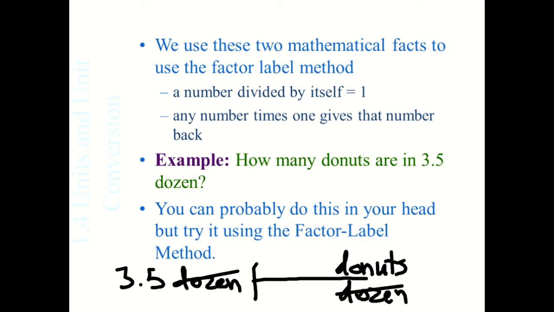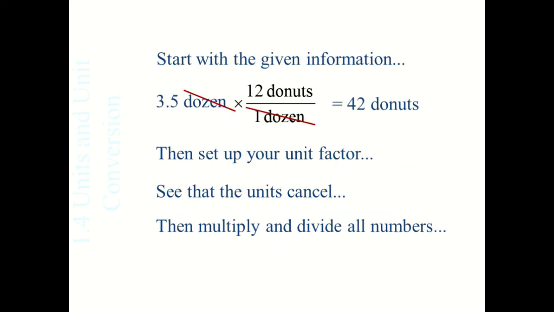You multiply it by your conversion factor. What you want goes on top. What you're getting rid of goes on the bottom. And then you fill in your numbers. There are 12 donuts in every 1 dozen. And I convert it. It's that easy. Multiply everything across the top. 3.5 times 12 divided by 1, 42 donuts.